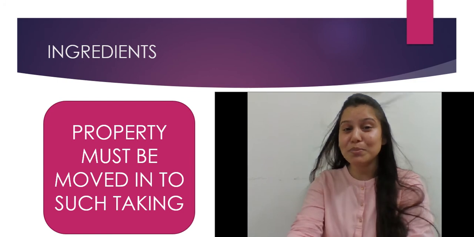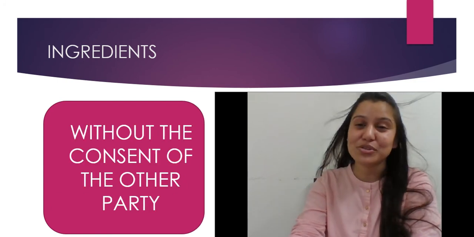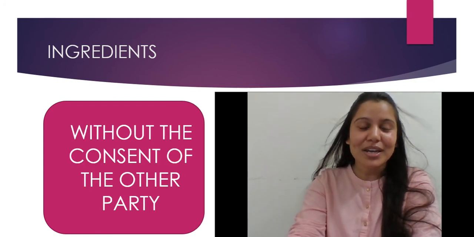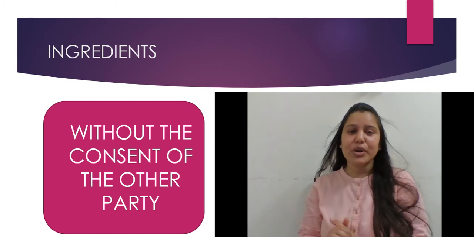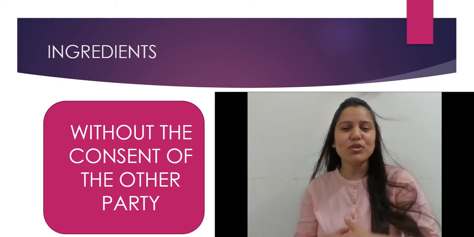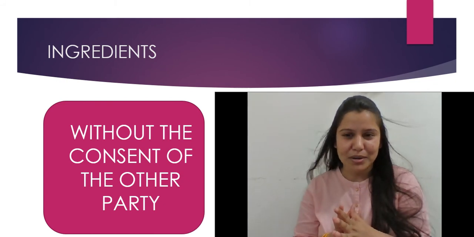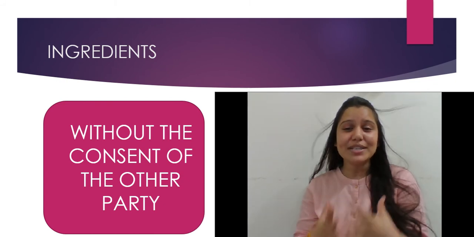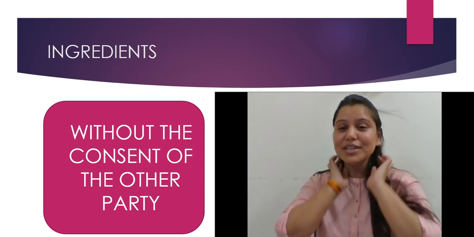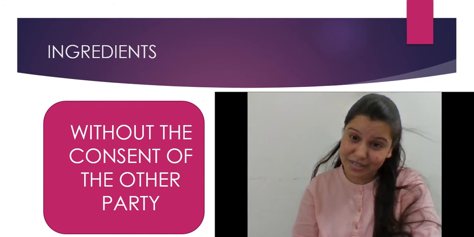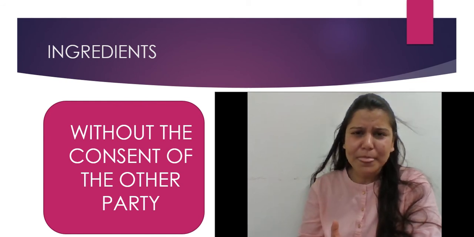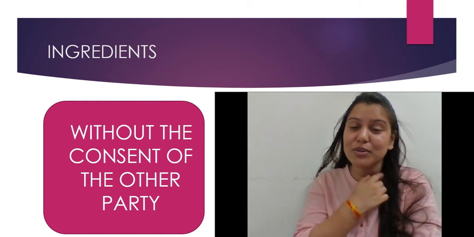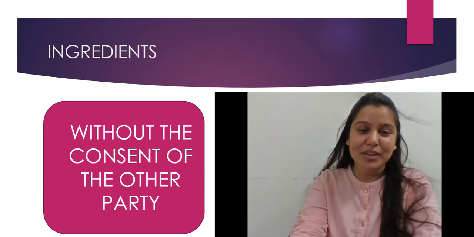So this is a very important ingredient which makes this section very interesting. Now let's see the other ingredient: without the consent of the other party. Of course, this whole section revolves around this very point, that it is without the consent of the owner. If there had been the consent of the owner, then it would not have amounted to theft, because there was consent from the side of the owner.